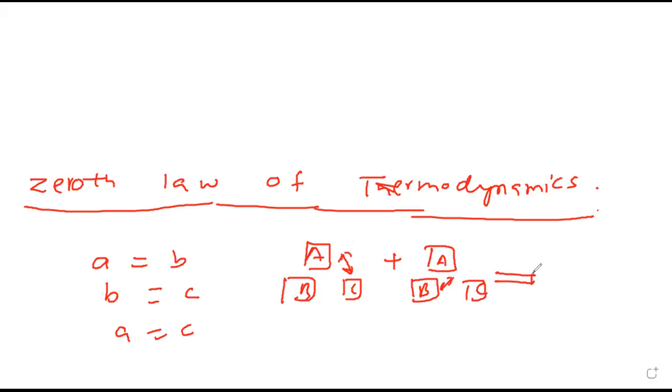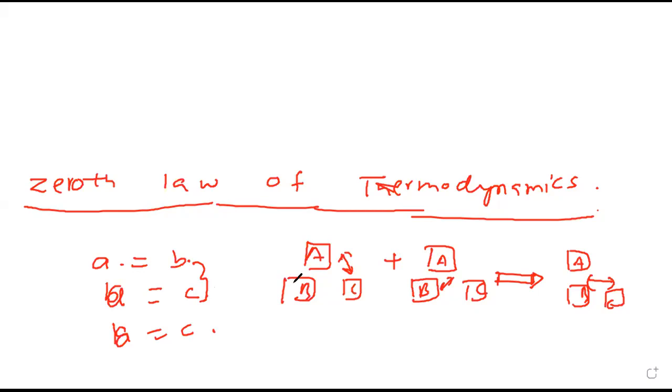that means B and C are also in thermal equilibrium. Like A is B, A is also C, then we can say B is the same as C. So if two systems B and C are in equilibrium with A, then they are in equilibrium with each other.